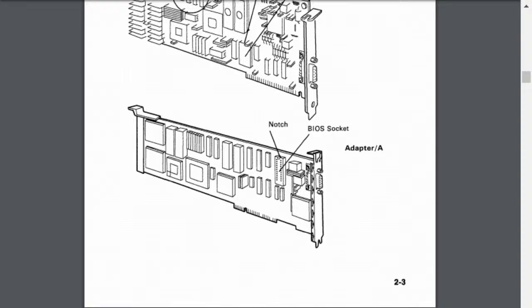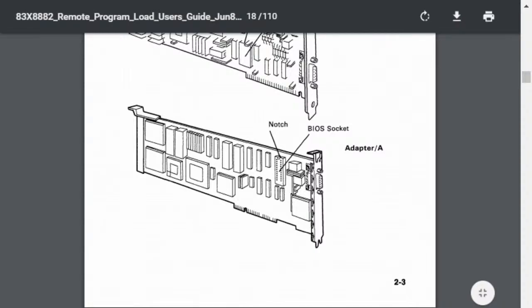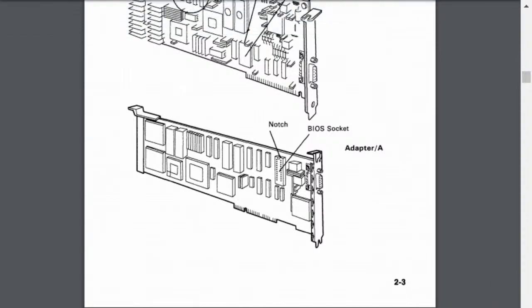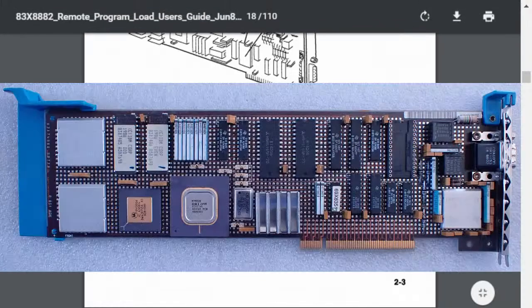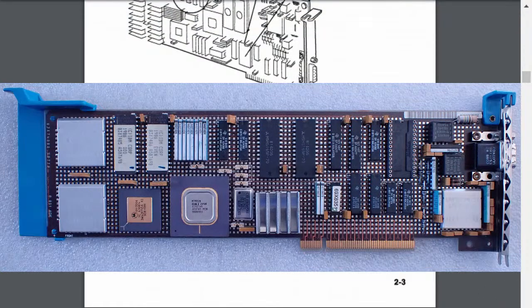In fact, I'll put that right over the top of that. Let's go through. Yeah, here is the 4 megabit original Token Ring Micro Channel board. And Major Tom didn't have any pictures of that.